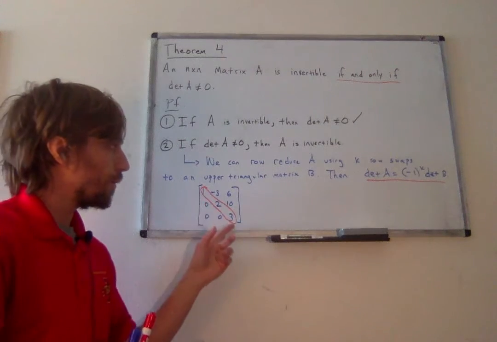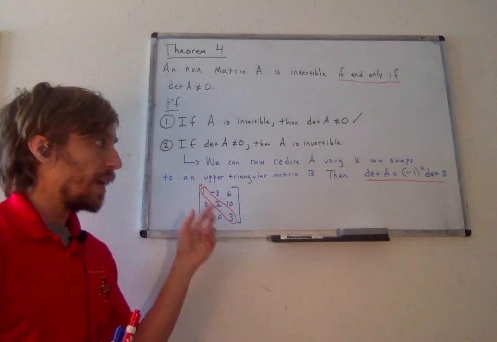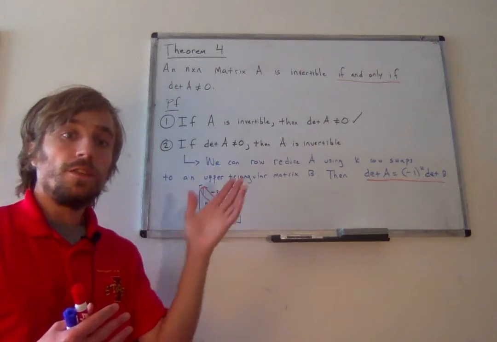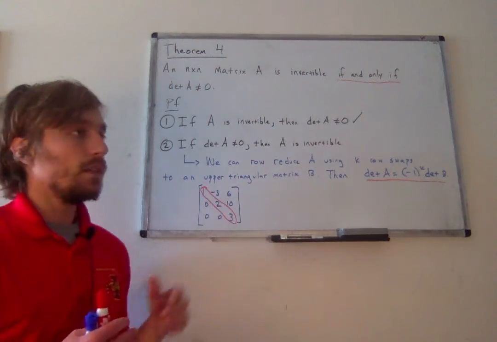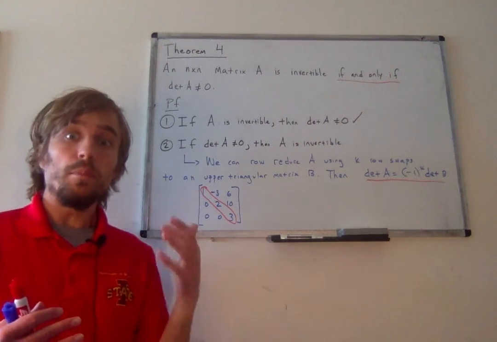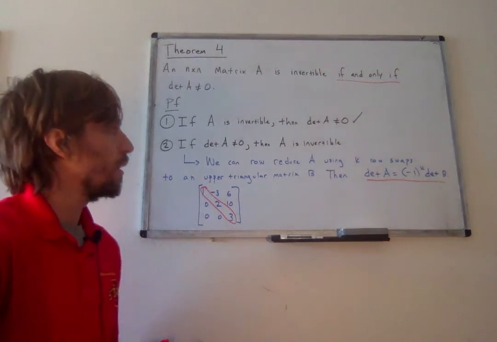So if there are n diagonal entries, or in this case 3, but we're saying n in general, and all n of them are non-zero, then B will row reduce to the identity.